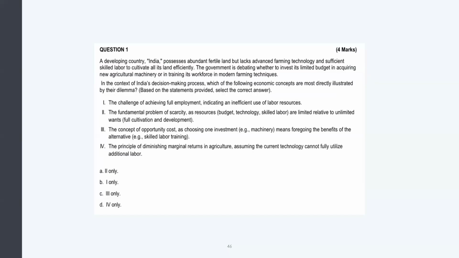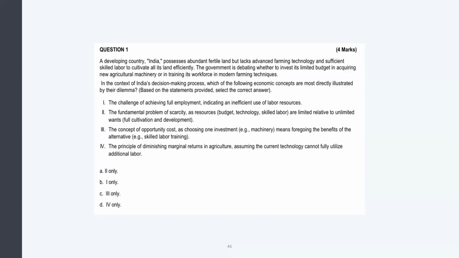And then, do we want to do this one? What is it about? Let's see. All right. A developing country, India, possesses abundant fertile land, but lacks advanced farming technology and sufficient skilled labor to cultivate all its land efficiently.